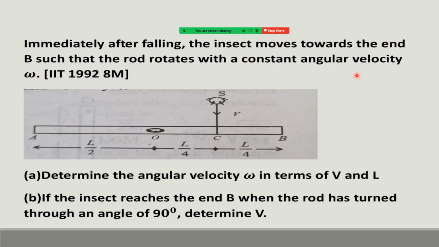Condition given that it rotates with constant angular velocity. Determine the angular velocity omega in terms of V and L. If the insect reaches the end B when the rod has turned through an angle of 90 degree, determine V. Okay. So asked for 8 marks in 1992. Let us see how to start.